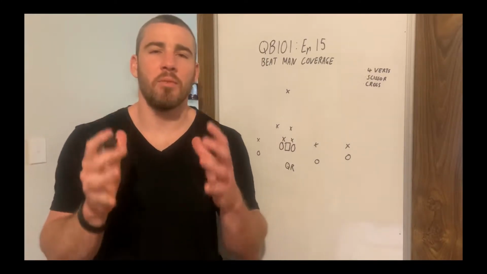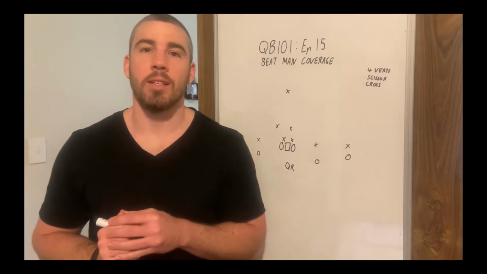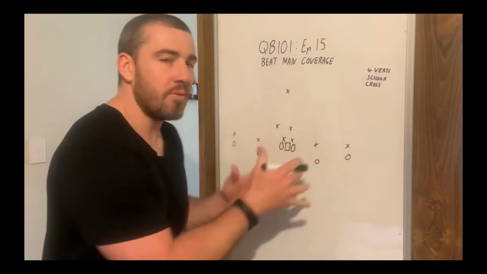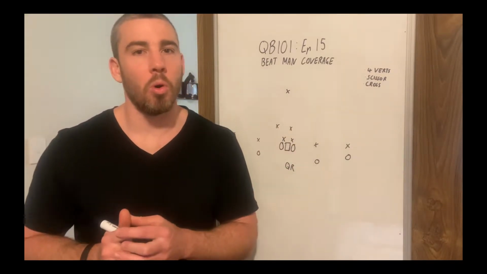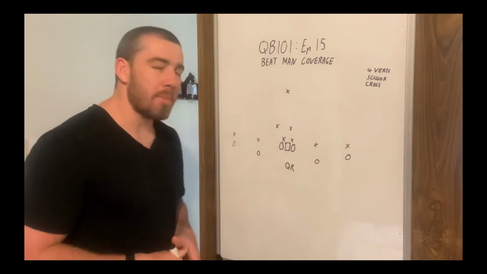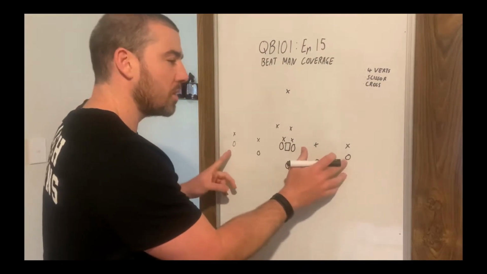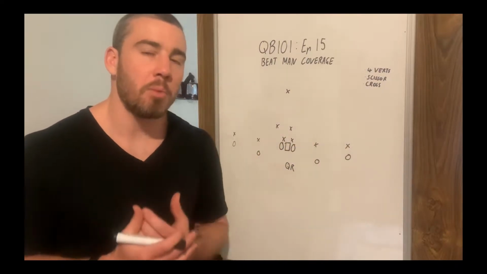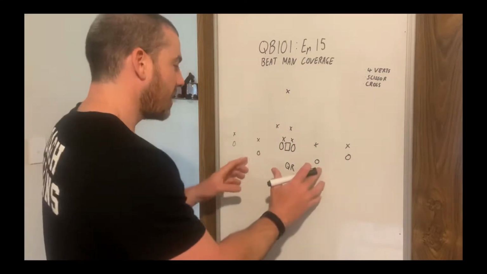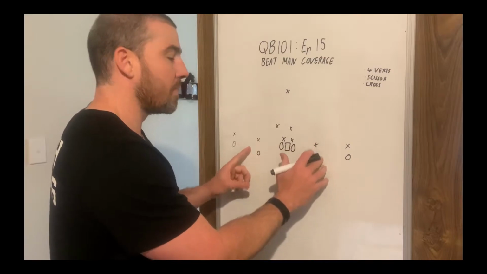Sometimes quarterbacks can freak out when the defense starts going into man coverage because they're really forcing us to be accurate with the ball. So when we see man coverage, what we're looking for is the defense, especially the corners, playing right up close on their receiver. And you'll see the same from the linebackers.